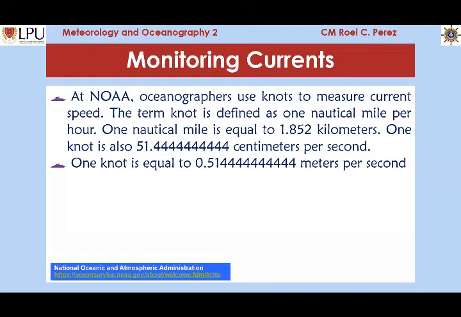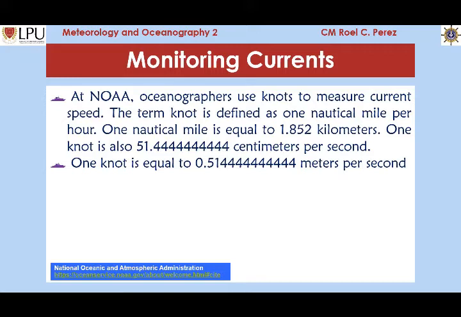So 1 nautical mile is equal to 1.852 kilometers. 1 knot is also 51.444 centimeters per second, or 1 knot is equal to 0.51444 meters per second. So even if you use only a few decimal places, you will arrive at nearly the same answer. So this is actually the conversion.